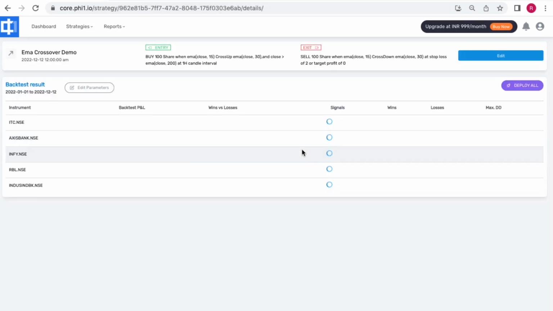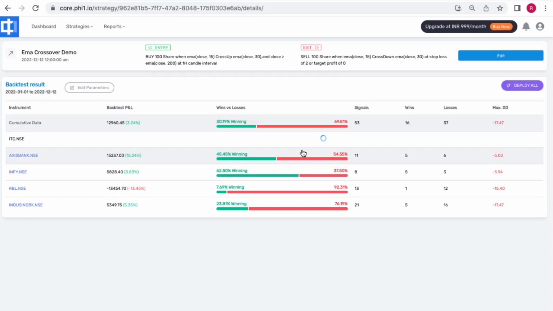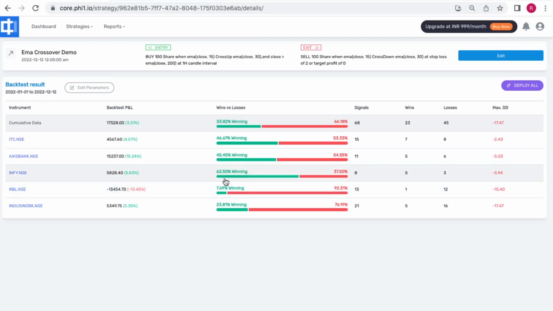While we wait for backtest results, it's important to know that you should test your strategy for different backtesting periods. This is to avoid any biases with any one particular historical dataset that may give you a skewed result. Okay, so I'm getting a decent win rate with Infosys and also a decent PNL.